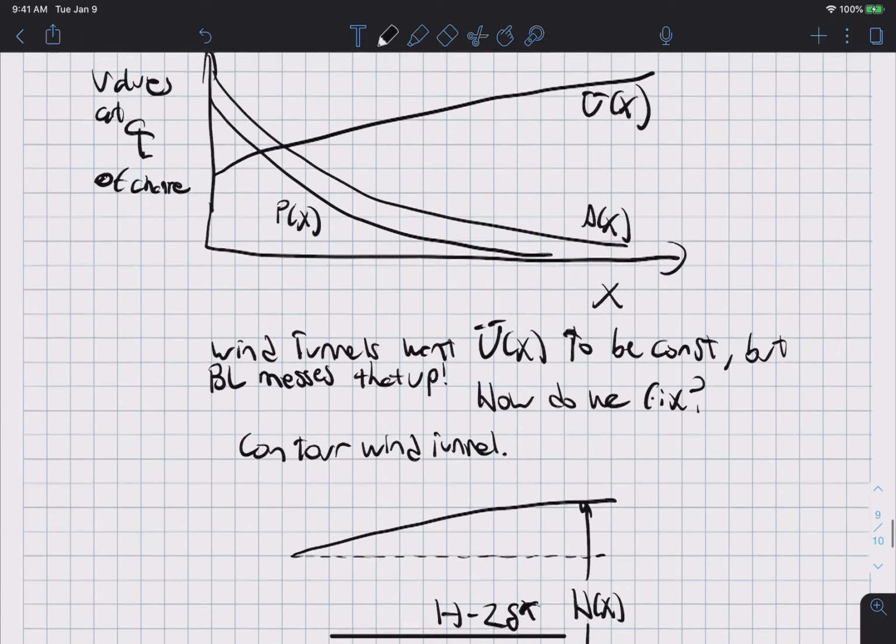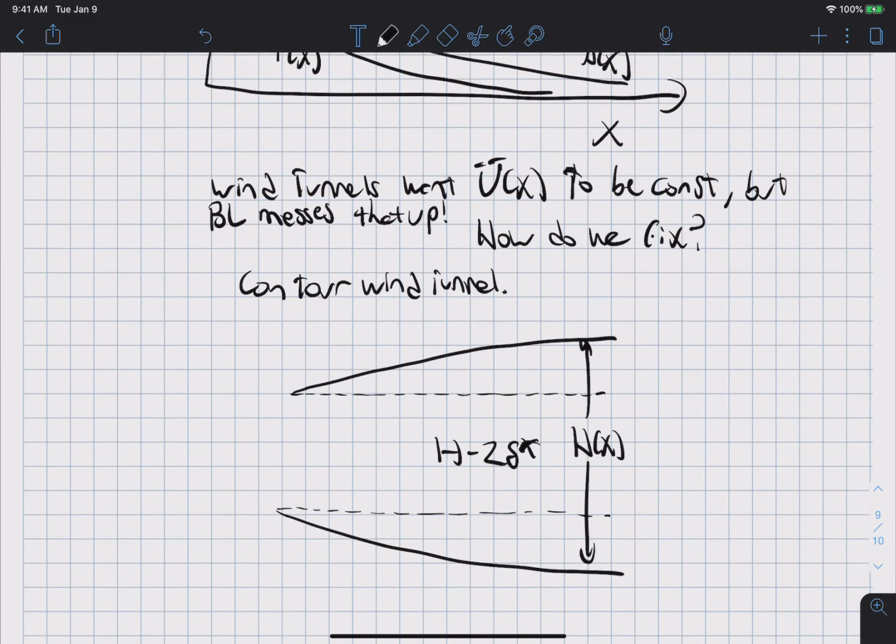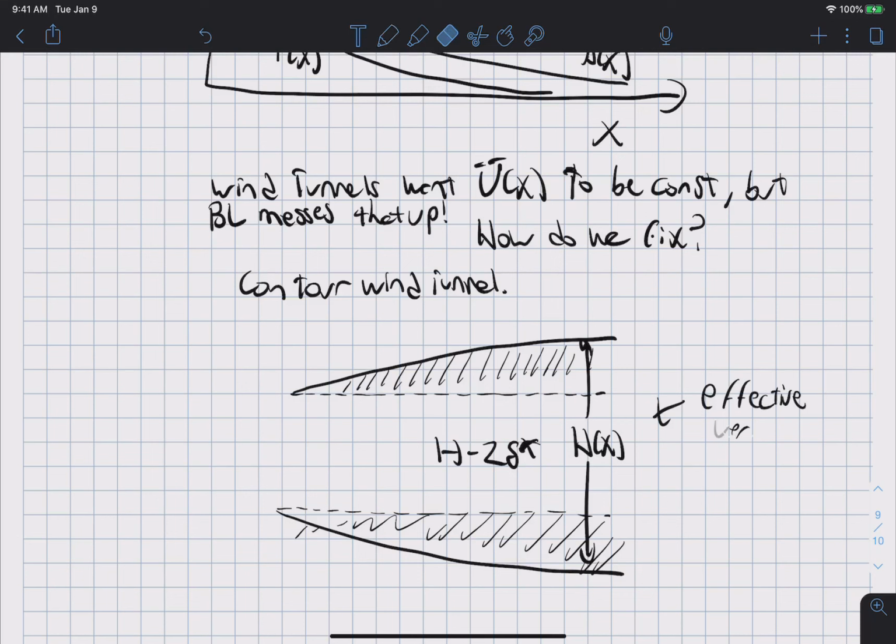Okay, and so this region here is the region that is blocked off by the displacement thickness, and the effective area is constant.